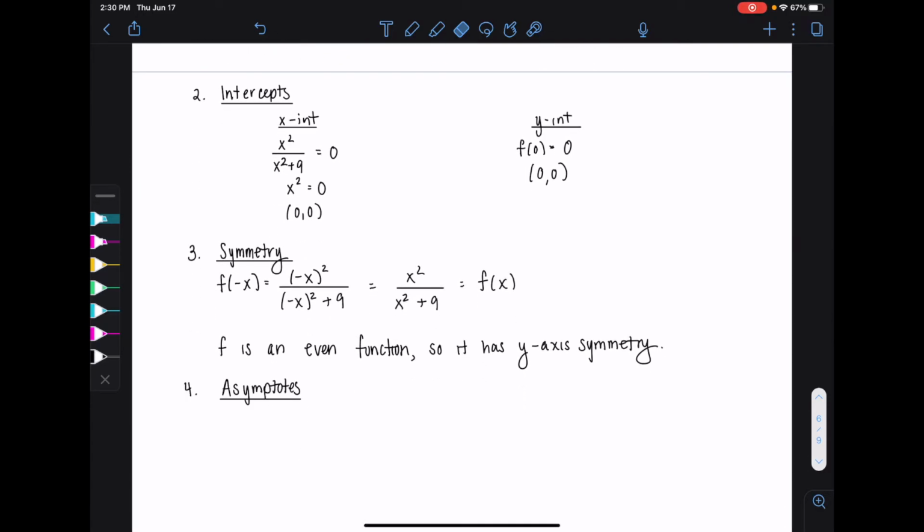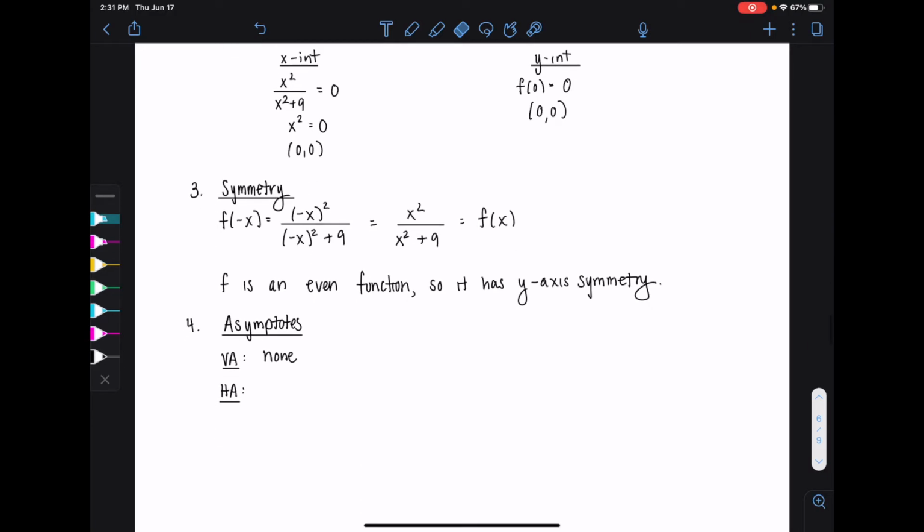For our asymptotes, remember our vertical asymptotes are going to be where we end up dividing by 0, but we already know that doesn't happen, so we have none. When we go to find horizontal asymptotes, we want to take the limit as x approaches positive infinity of our function, which really is a nice polynomial over polynomial. Divide top and bottom by the highest power. So in the numerator, you're just going to get 1.